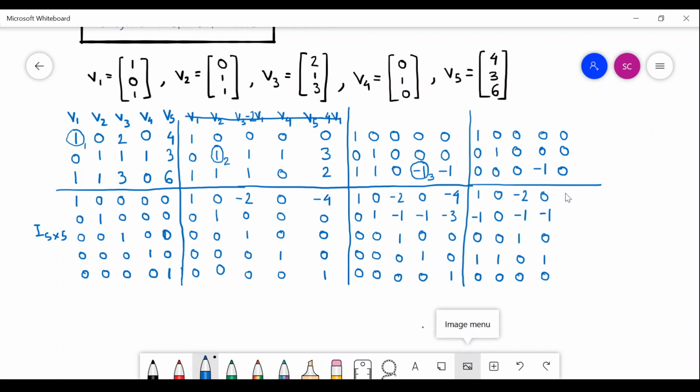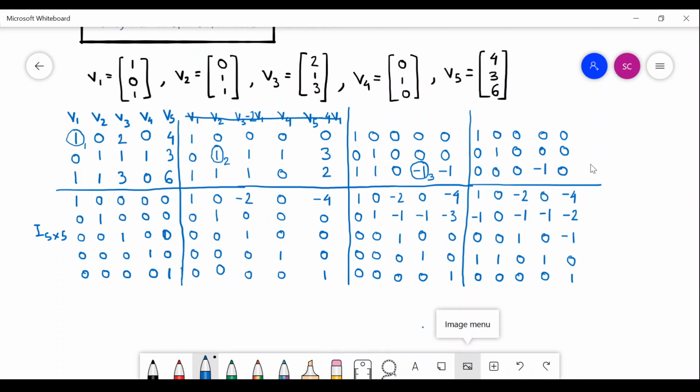So I subtract 0 from minus 4, nothing happens. Minus 1 from minus 3. So I subtract minus 1 from minus 3, this becomes minus 2. Then this is minus 1. This is 0. This is 1. This is what I get.